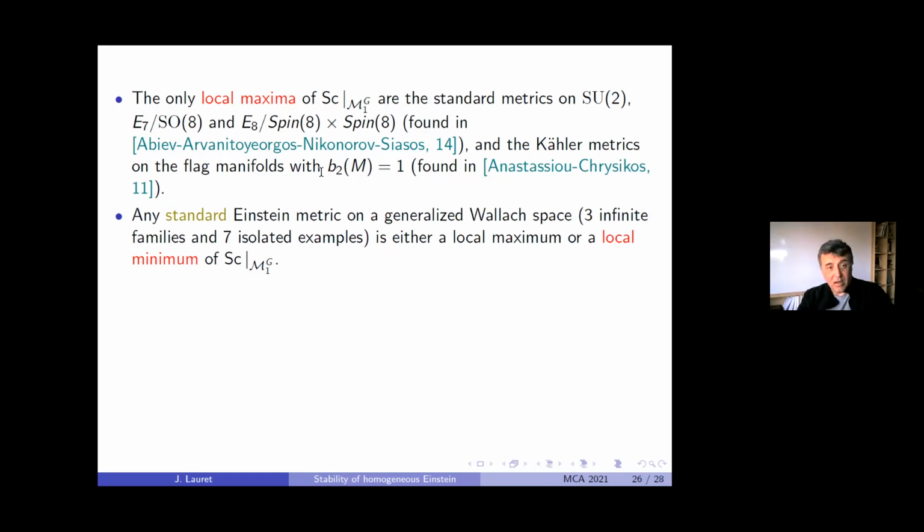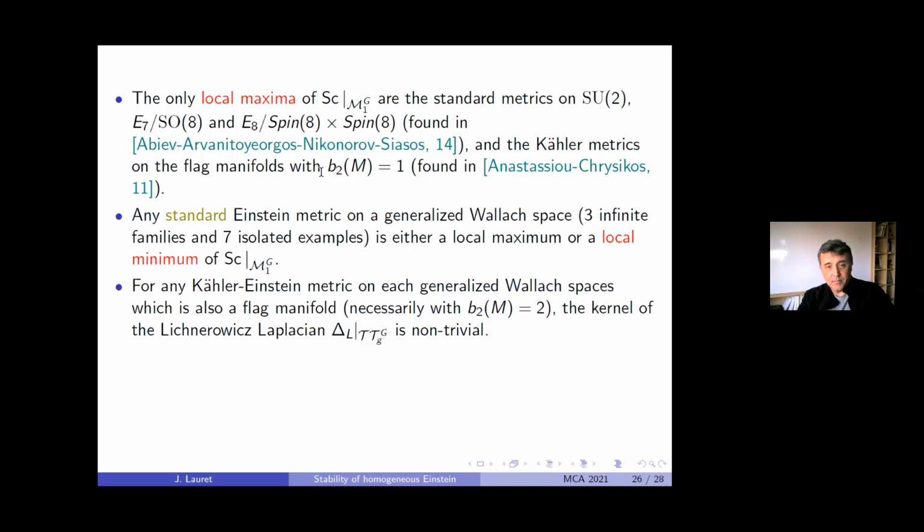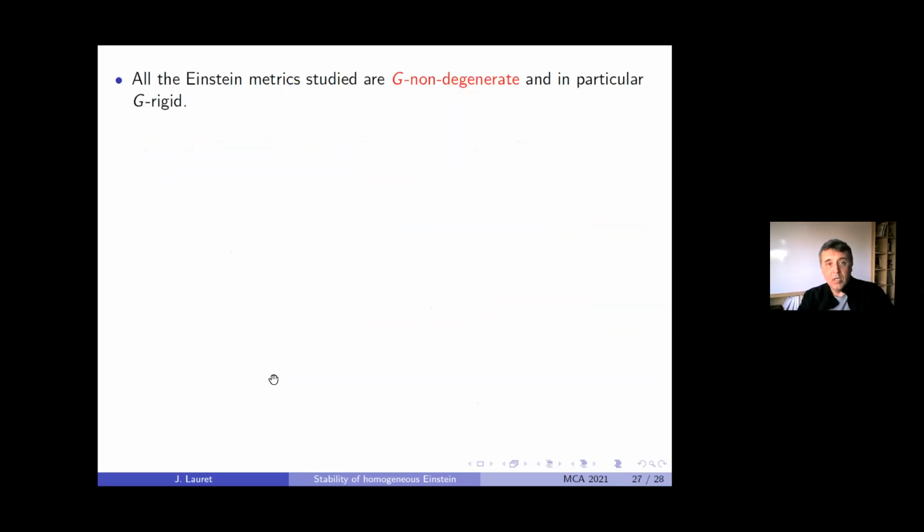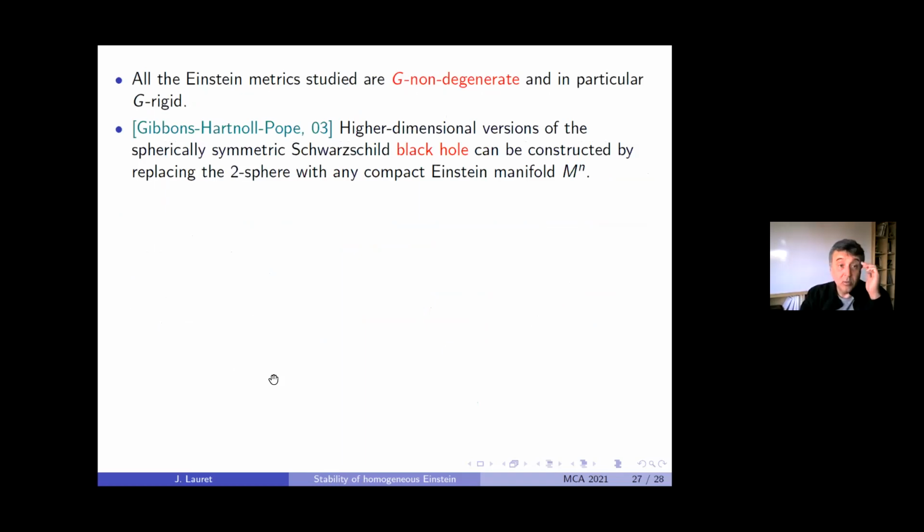We also have these other remarks. Well, this is the remark about the prescribed Ricci curvature problem. But let me go to the last remark, which is related to general relativity.